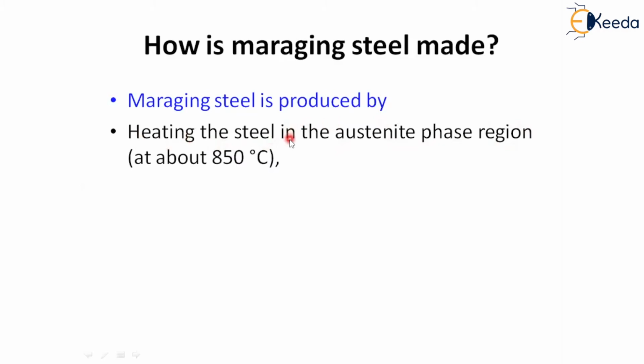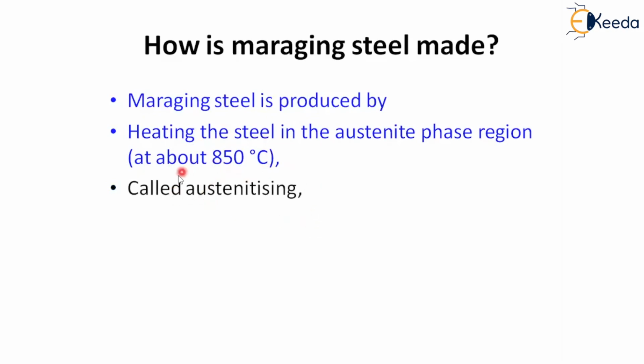We already know that if you want to change the microstructure or the material properties, you have to heat until it reaches the austenitic region. Here, heat the steel until it reaches above 850 degrees centigrade. The temperature plays a vital role, and this is represented as austenizing.